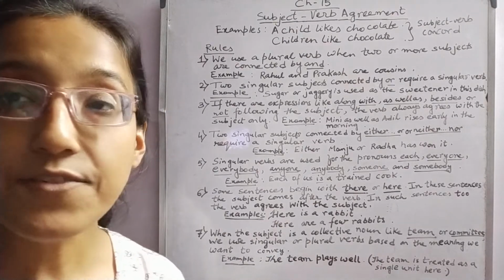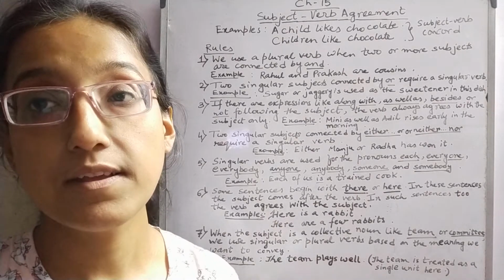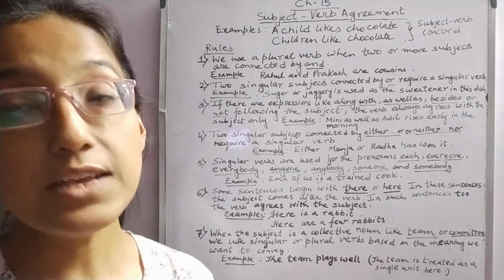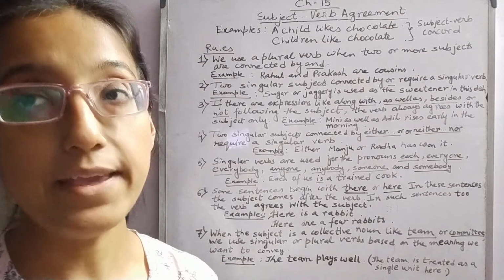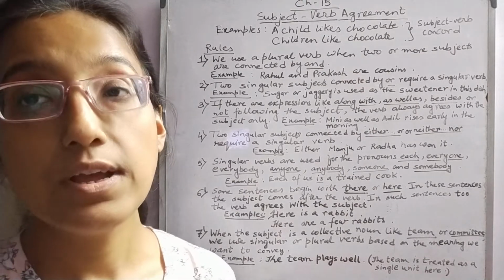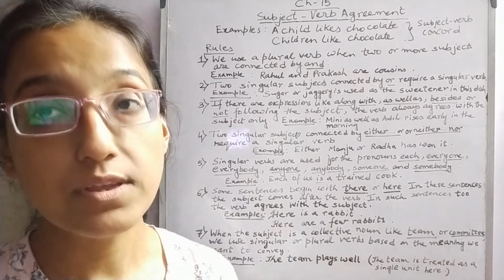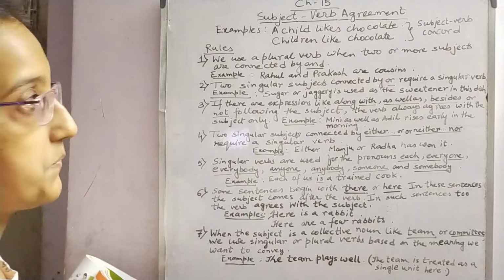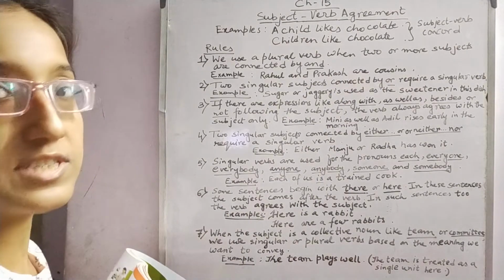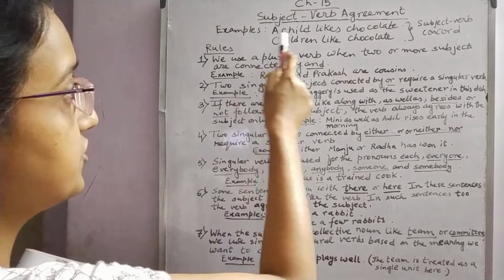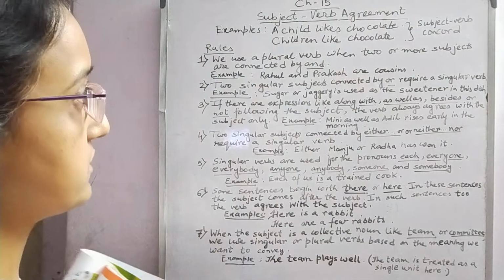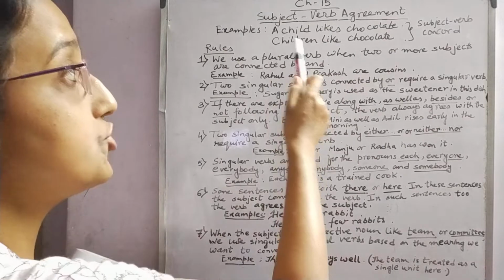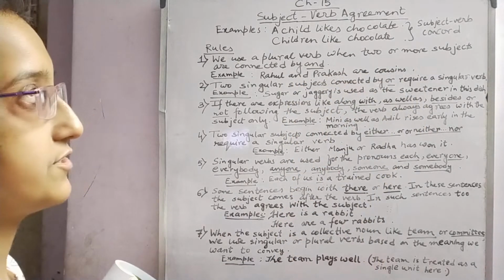Now, apart from this rule, there are some more rules. We will discuss each and every rule one by one. Now, let us look at the board. There are two examples written here. A child likes chocolate. Children like chocolate.